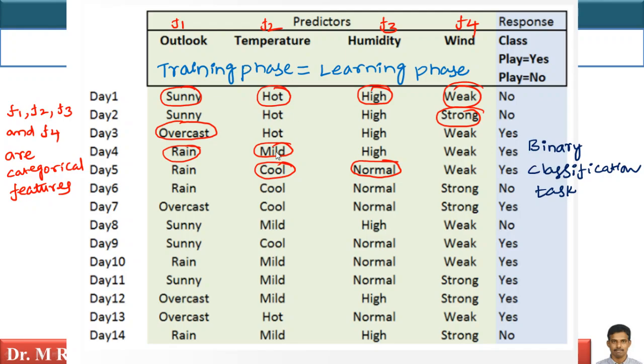Hot is a category, mild is a category, cool is a category. For F3, that is humidity, categories are high, normal. For wind, that is feature 4, there are 2 categories, weak and strong. These are the categories. We are doing a binary classification. You can apply naive-Bayes for any type of data, but applying it to categorical data is easy. With categorical data, it is easier to understand the intuition behind this particular algorithm.